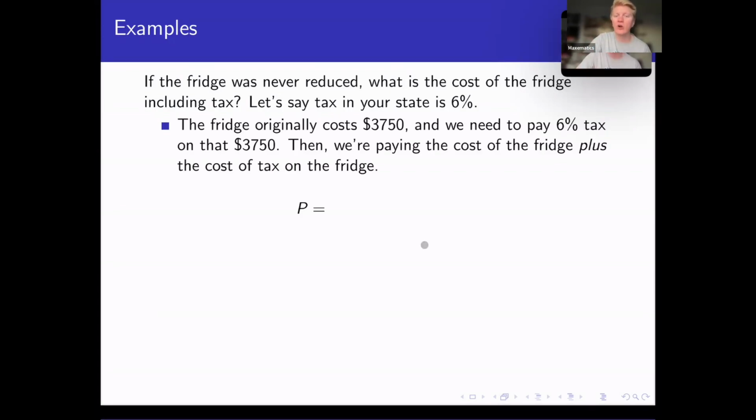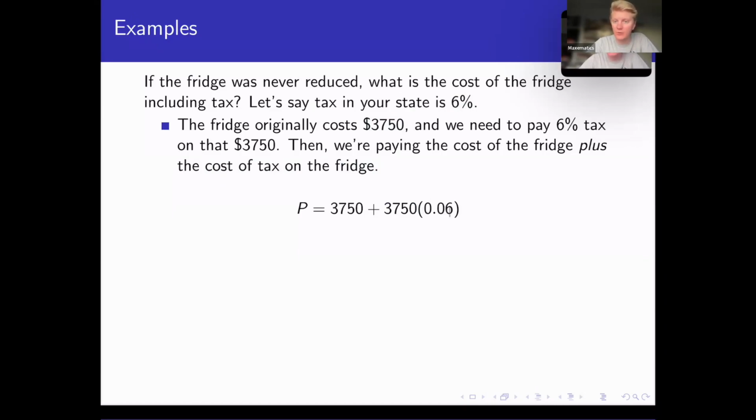That means our total price is the cost of the fridge, $3,750, plus the cost of tax on the fridge, which is 6% of $3,750. Well, 6% of $3,750 would be $3,750 times 0.06, right?